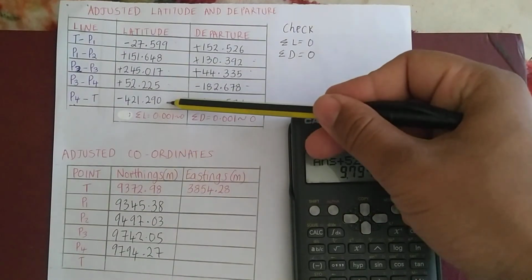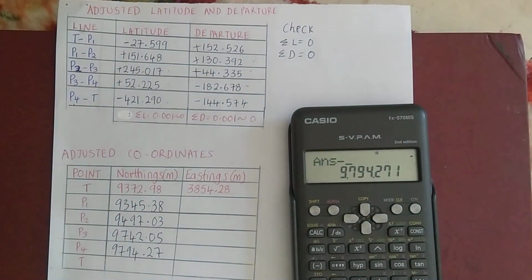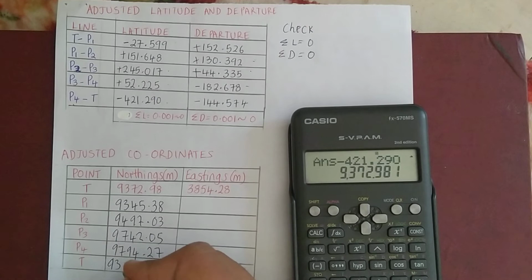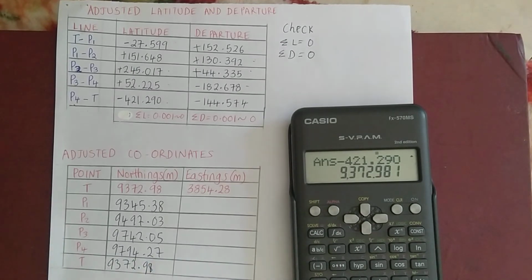And then the last one, I'll minus 421.290. I'm getting it as 9372.998. So you can see that point T here, the upper one that we are given, and the calculated one are the same.